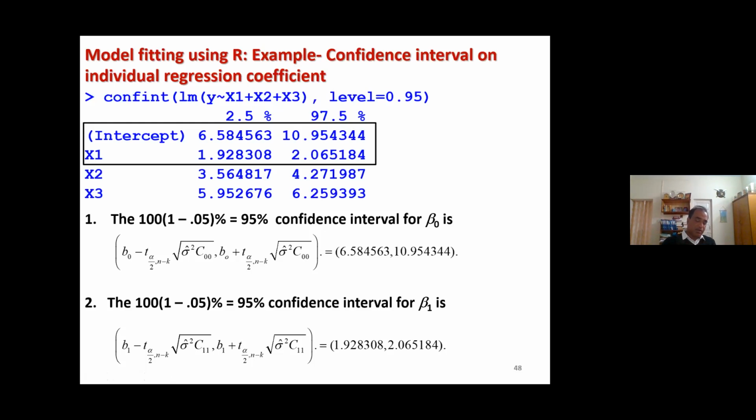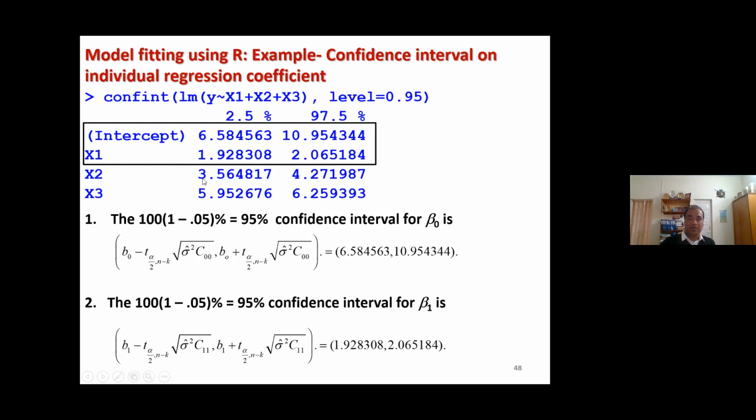But for you, it is as simple as this: the confidence interval for the intercept term is 6.58 to 10.95. So that means this value is expected to lie in this interval. Similarly, the confidence interval for B1 is 1.92 to 2.06, so the value of B1 is expected to lie between 1.92 and 2.06.